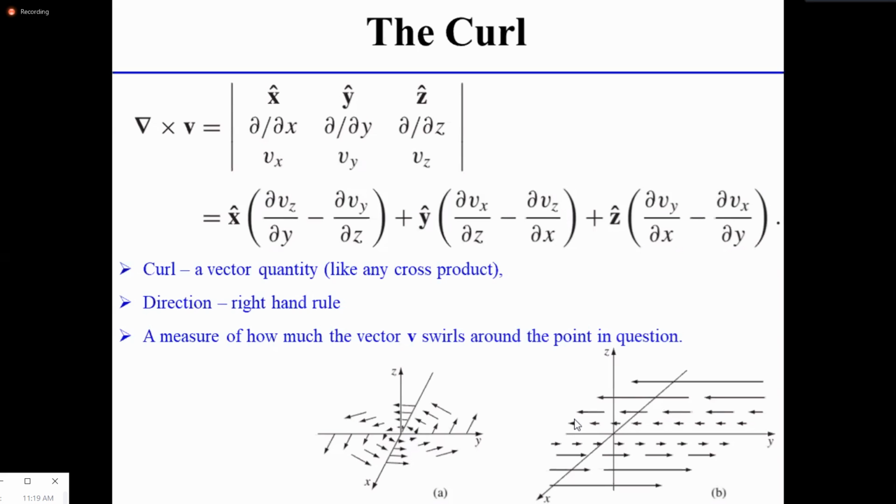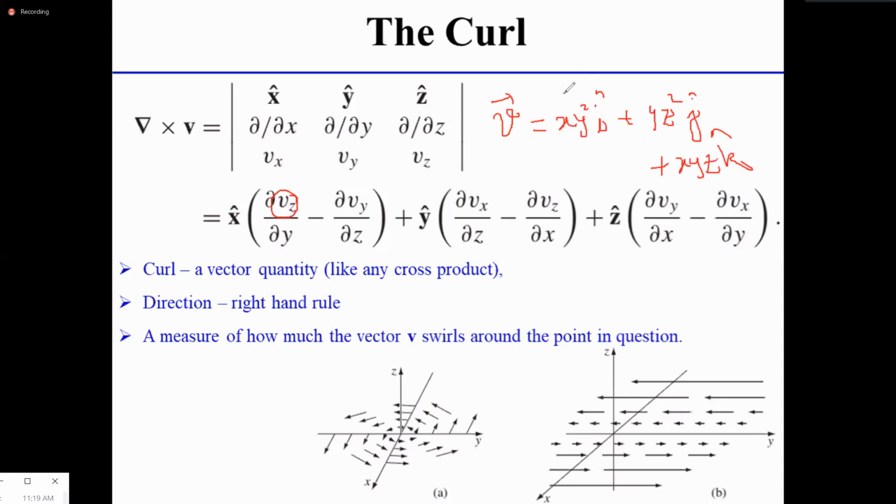But this Vz can also be a function of y. Like if you have V given by xy square i cap plus yz square j cap plus xyz k cap.